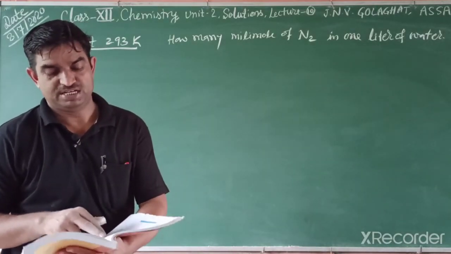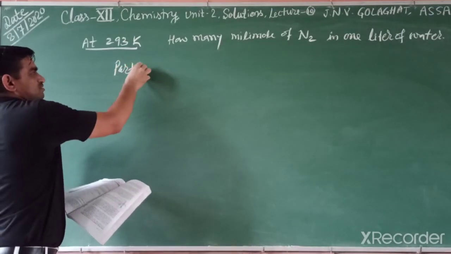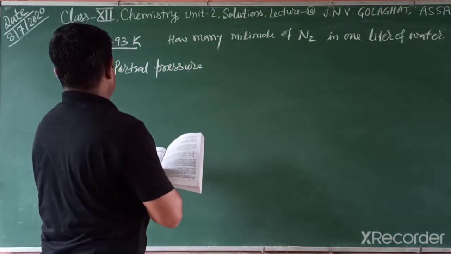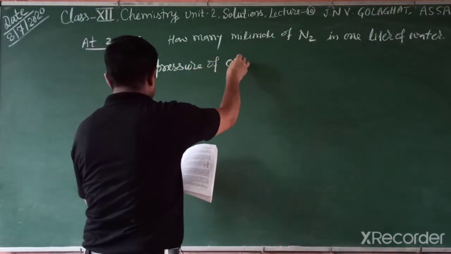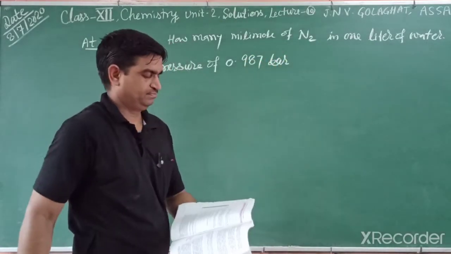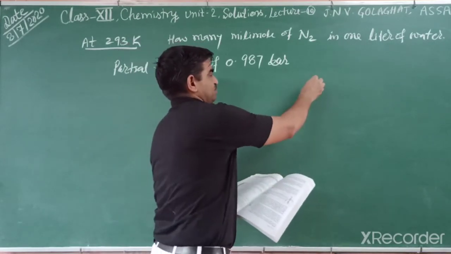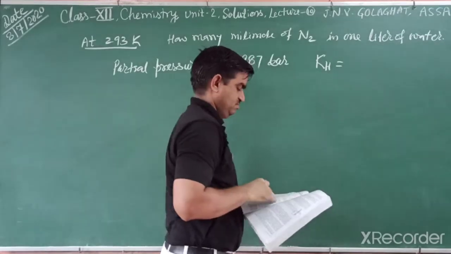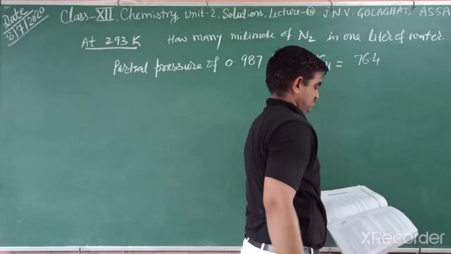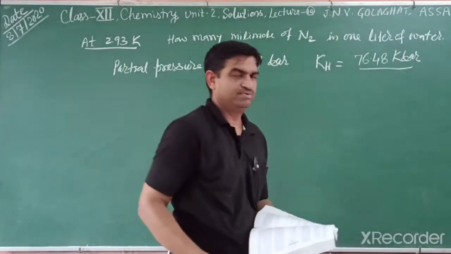Assume that nitrogen gas exerts a partial pressure of 0.987 bar, and given that the Henry's law constant Kh for nitrogen at 293 Kelvin is 76.48 kilobar.